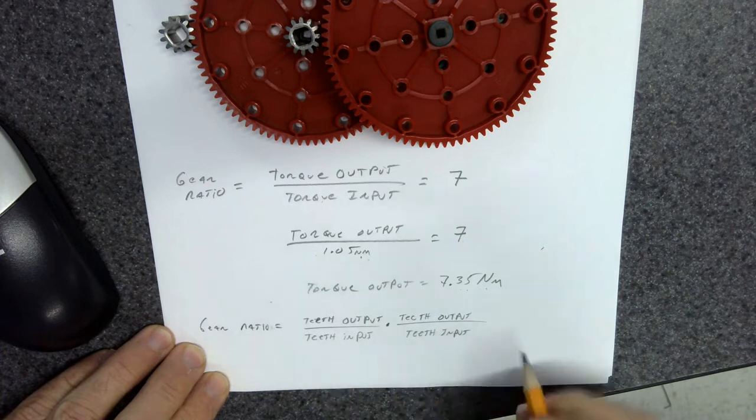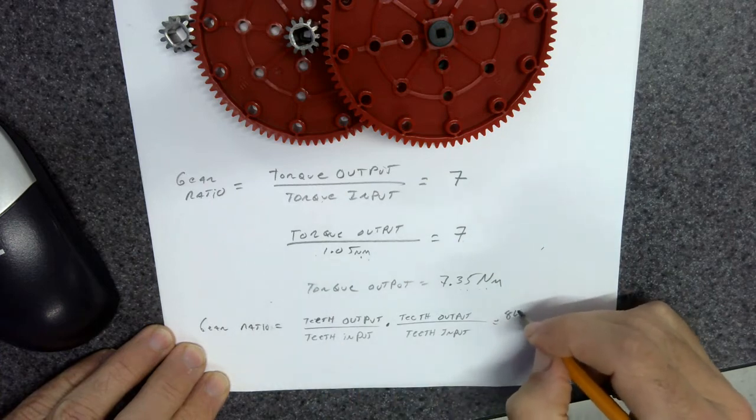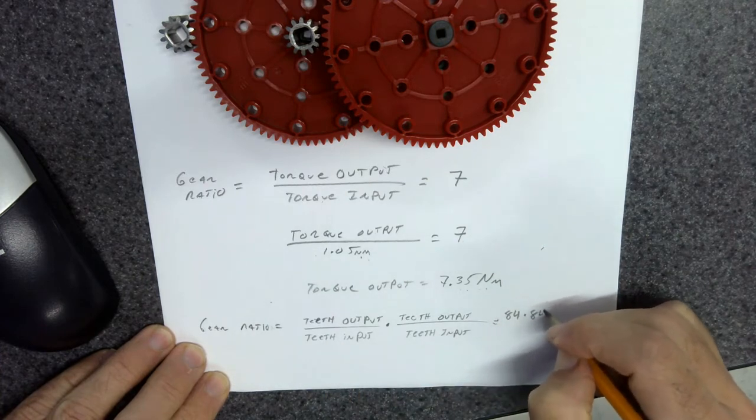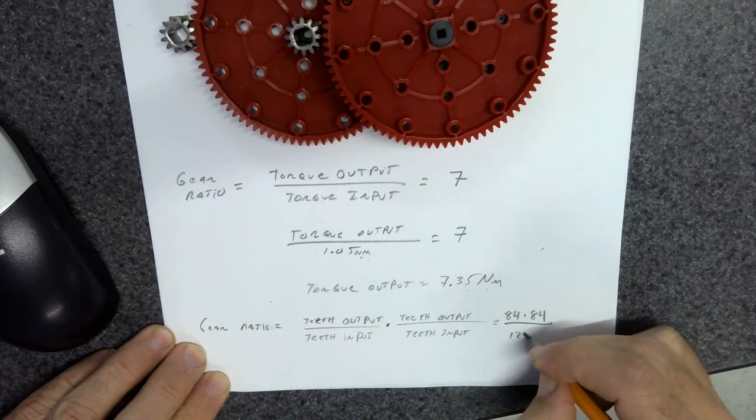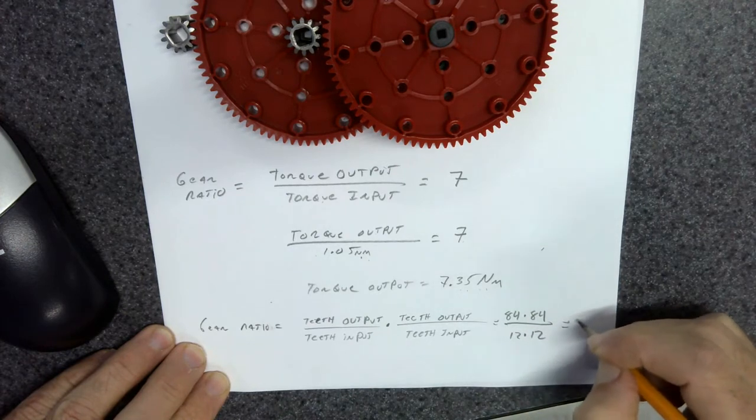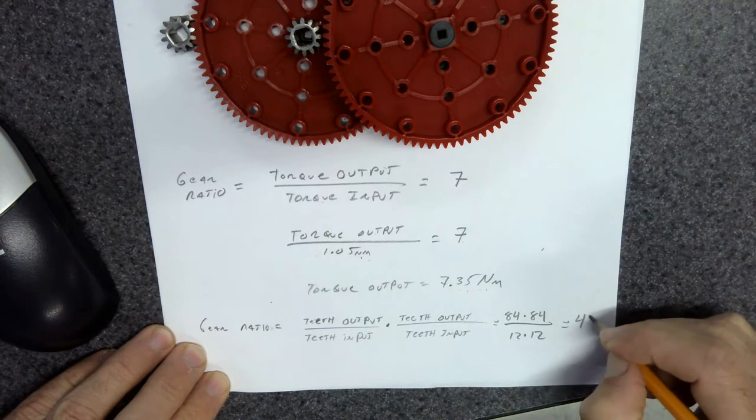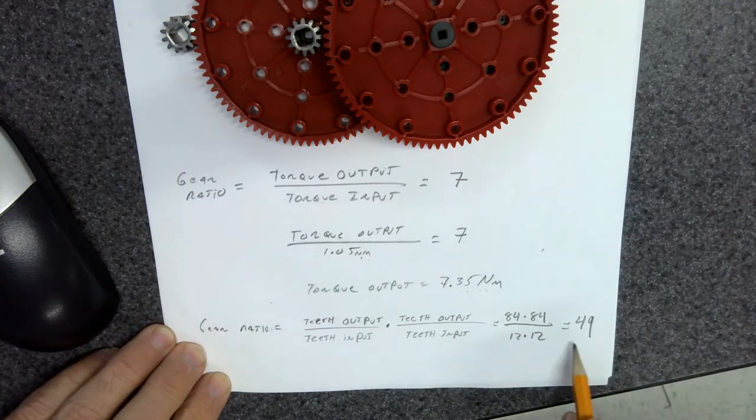And in this case, that would be 84 times 84 over 12 times 12, which equals 49 for a gear ratio.